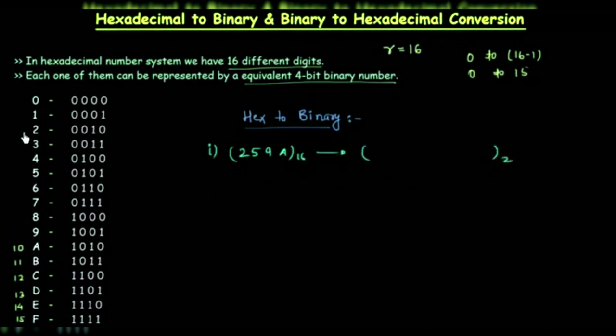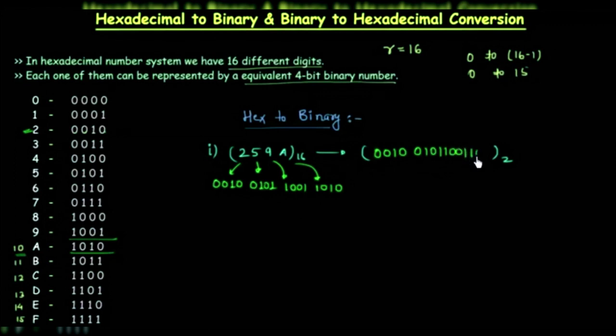From this table you can see 2 is represented as 0010, so we will represent 2 as 0010. 5 is represented by 0101. 9 is represented by 1001, and A, which is 10, is represented by 1010. So binary equivalent of 259A is 0010, 0101, 1001, and 1010. So this is the binary equivalent of this hexadecimal number.